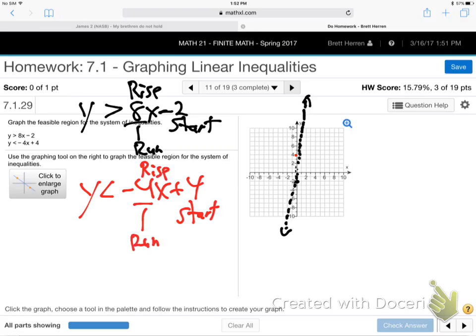So go down 4, which is here, and over 1. There. Everybody see what I did? And then connect the dots. Like that. My lines look real shaky. There's that one. Are we good to there so far? So far, so good. Are we happy?